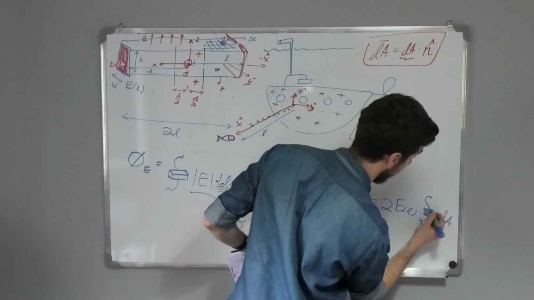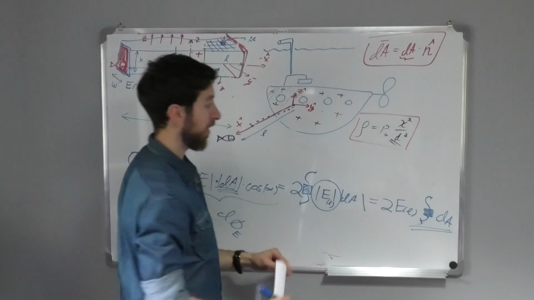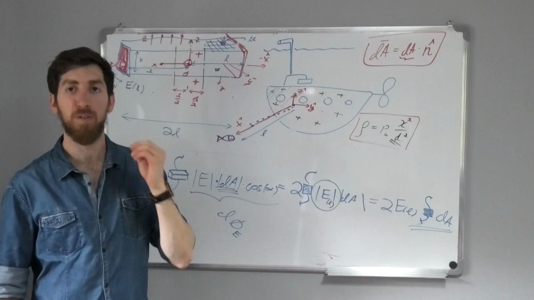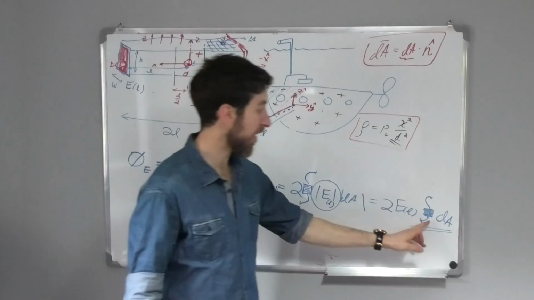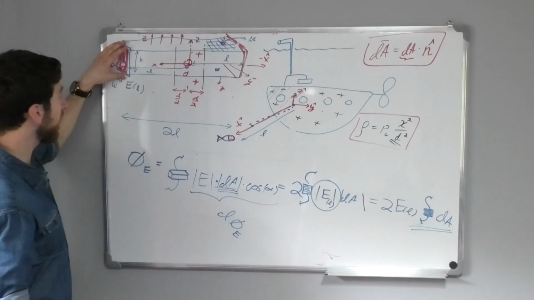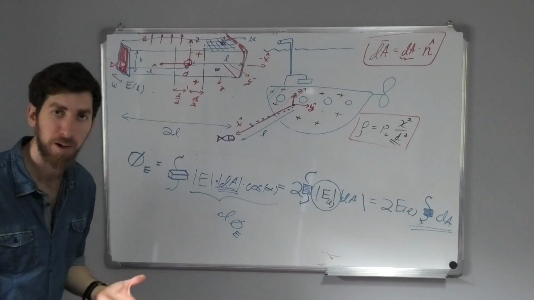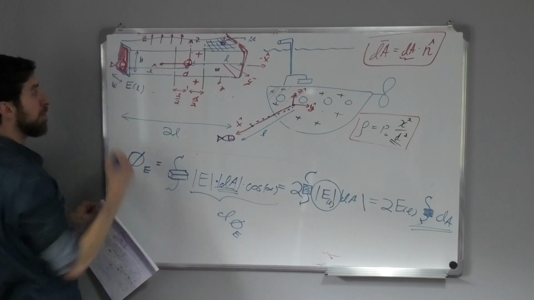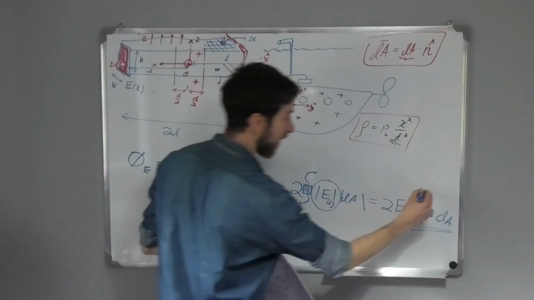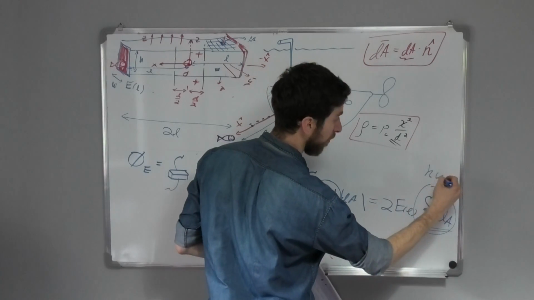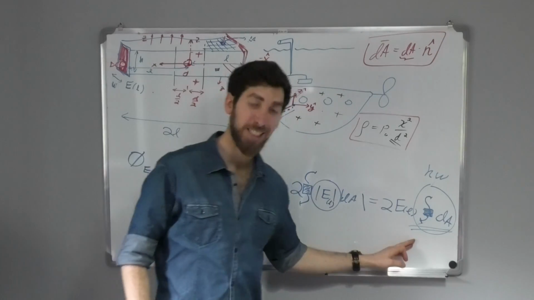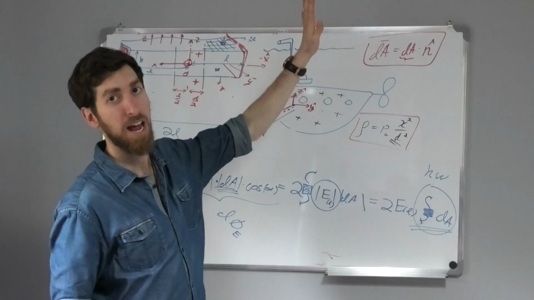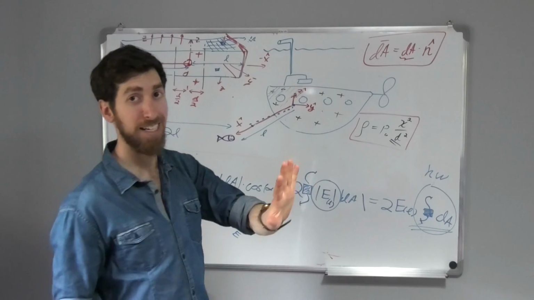This integral says: sum for me all the dA that add up to be this part. What is this part? We know its area, it's W, the width, multiplied by H, its height. So this is HW. Did you understand? I'm going to sum all the puzzle pieces until I have H and W.